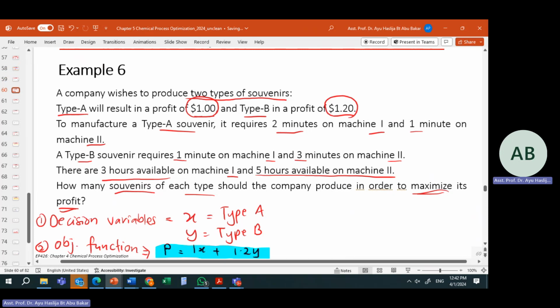If you get this wrong, then your tableau later on in the simplex method will be wrong. Any question? How to get the objective function equation is based on the requirement, the profit.